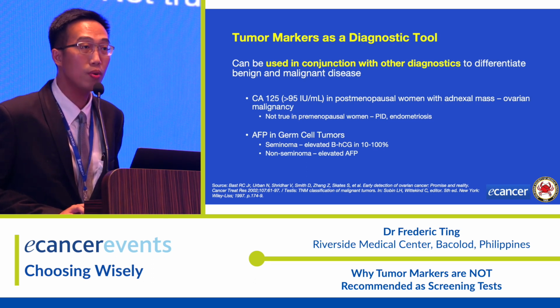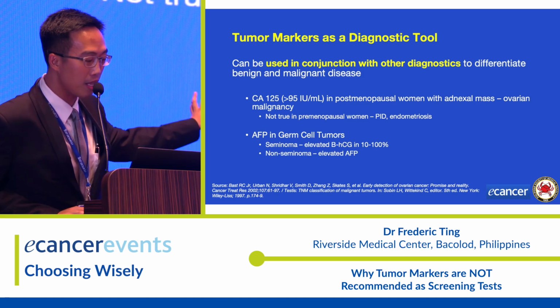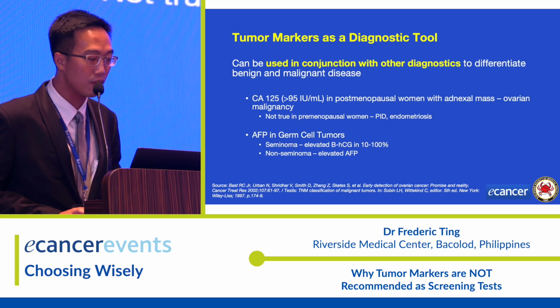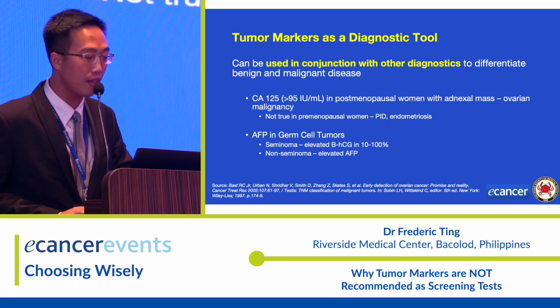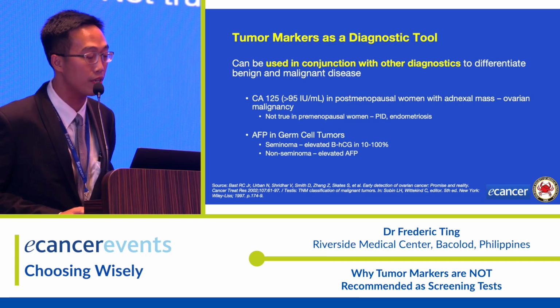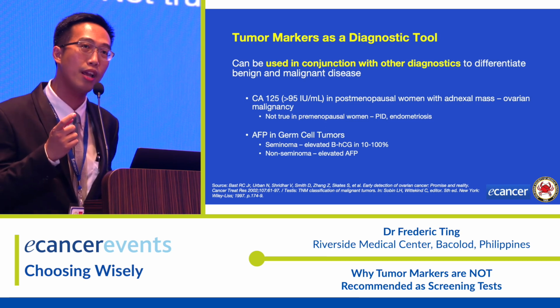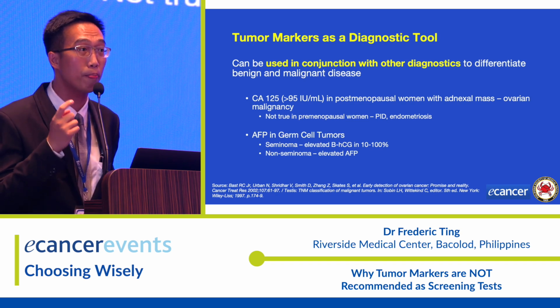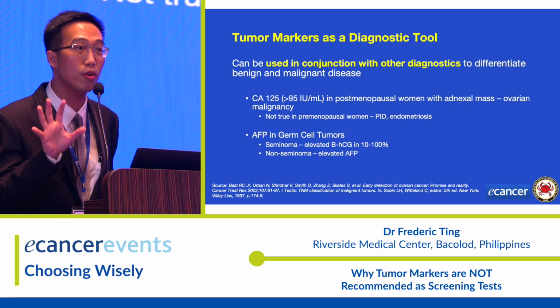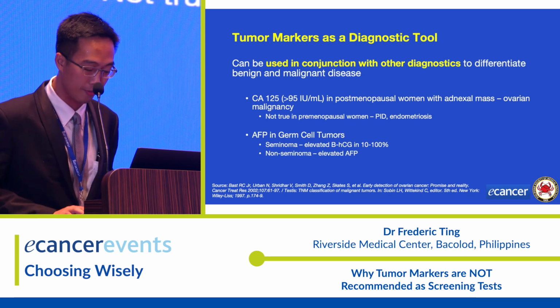So take note that this statement is not true in premenopausal patients, because CA125 can be elevated in premenopausal patients who have endometriosis and pelvic inflammatory disease. So it's very, very important not just to look at the prevalence of a malignancy in a certain region, but also the patient subgroups that you're using a tumor marker on.